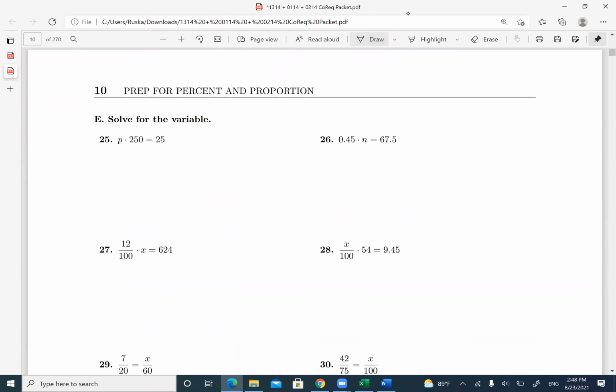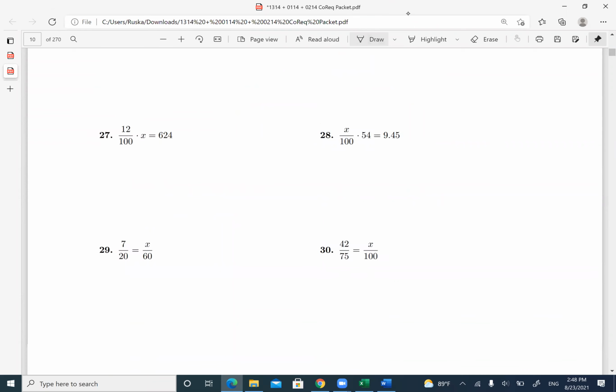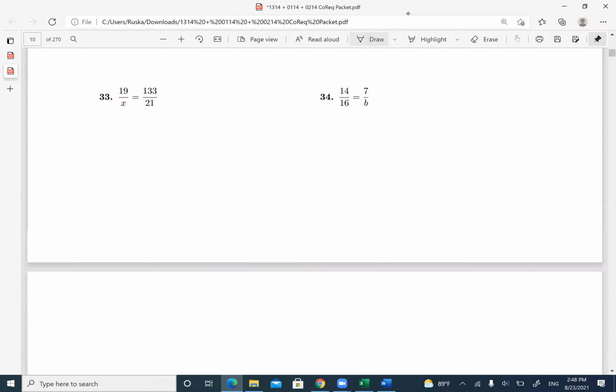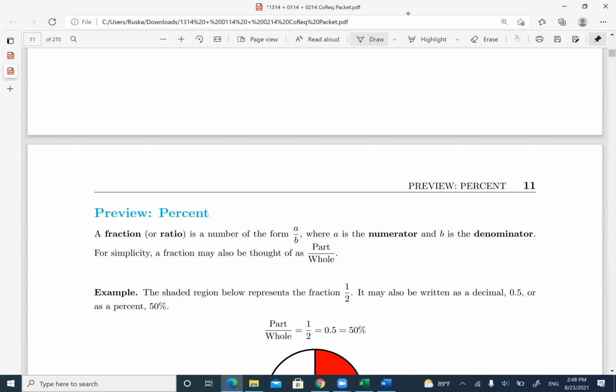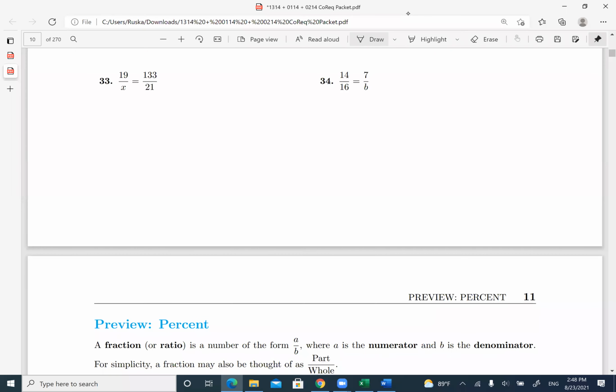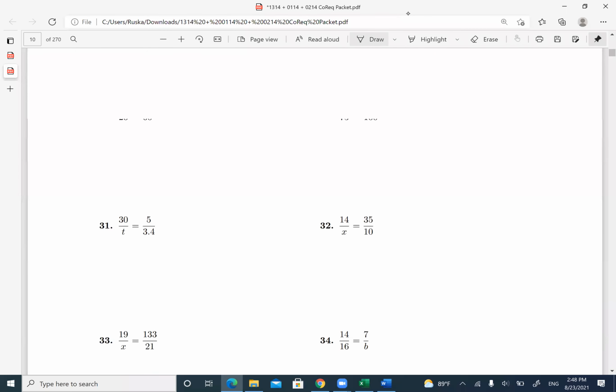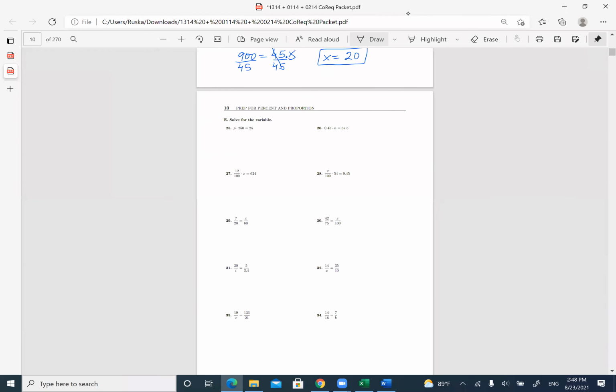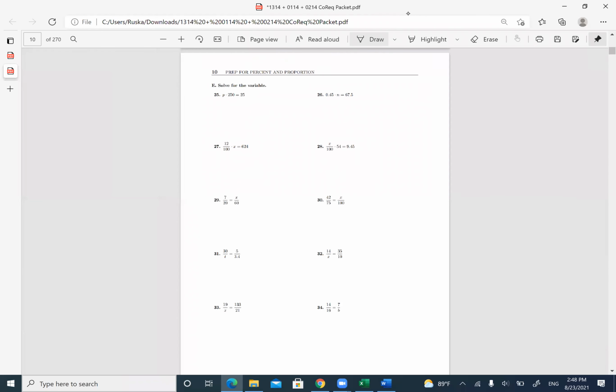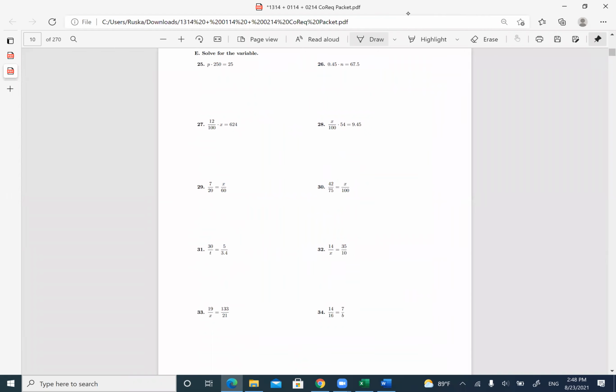And then you have more equations here to solve. Okay, so this is the last page. I'm going to stop here. You know what, let's do this. Do you want to do this for homework? Yeah, let's do this for homework, just to solve those 10 equations.